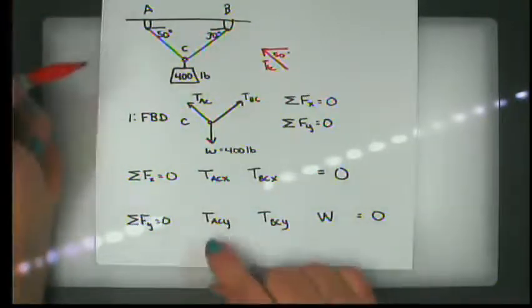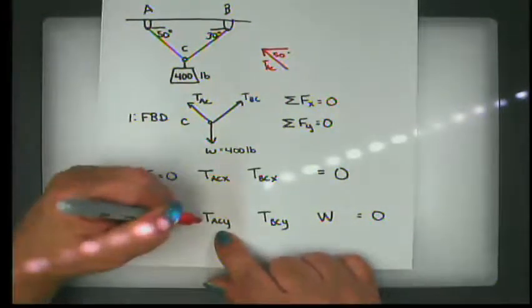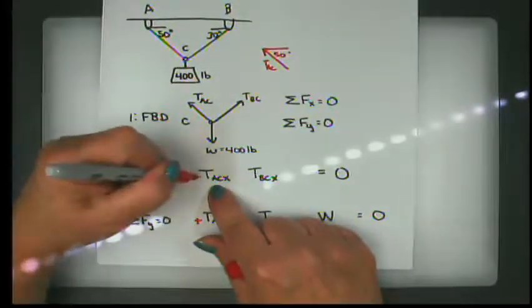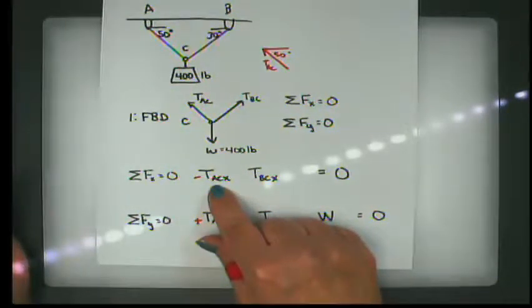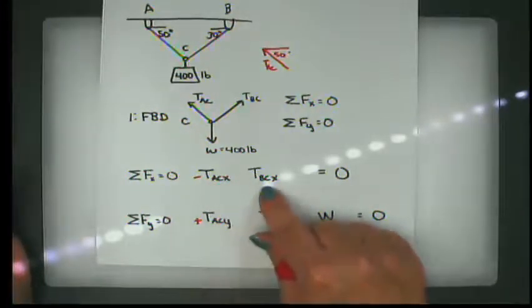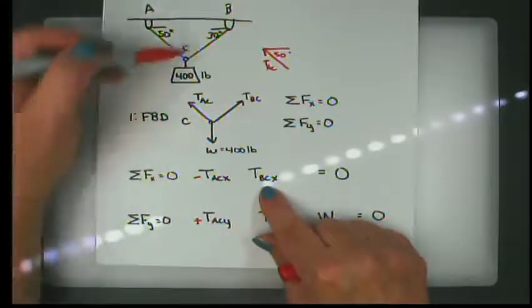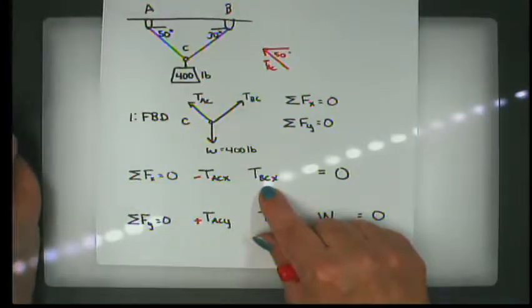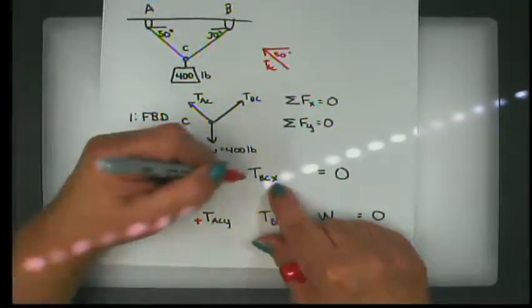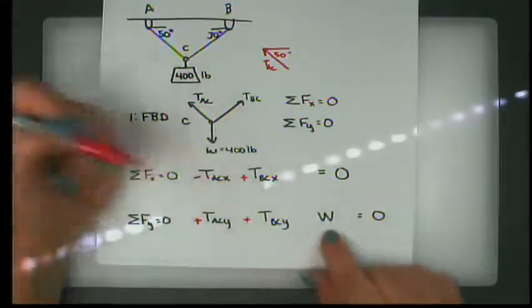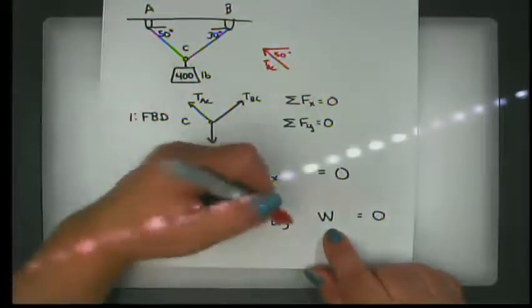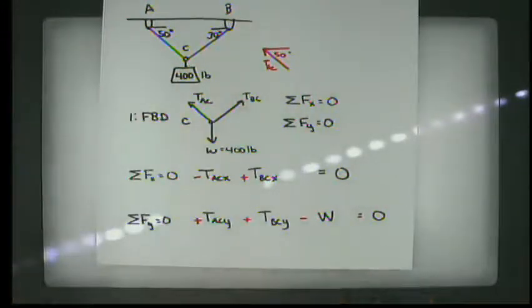Up means that its y component is positive, but to the left means that its x component is negative. If I look at BC, it's positive in the x and positive in the y, isn't it? And what about the weight? Is it positive or negative in the x direction? Perfect. It's negative in the x.